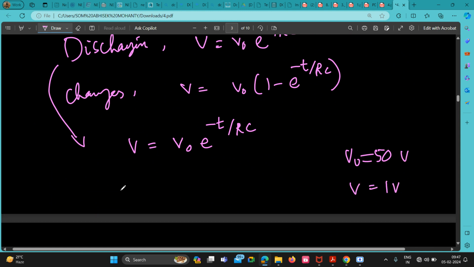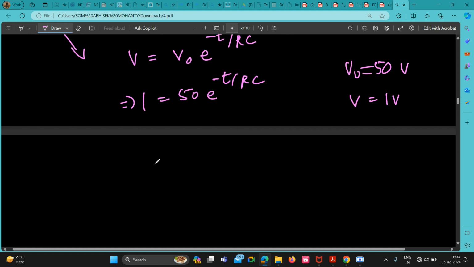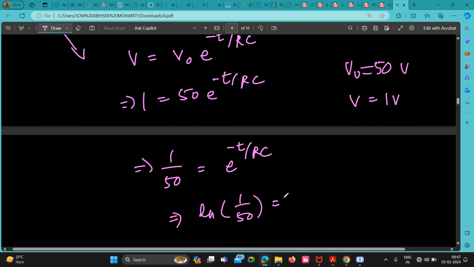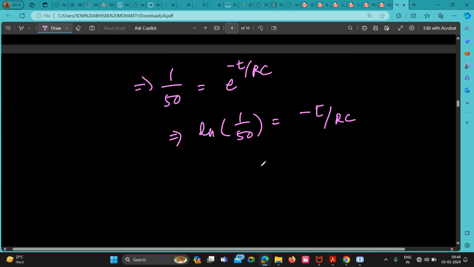So 1 is equal to 50 e to the power minus t by RC, so 1 by 50 is equal to e to the power minus t by RC. ln 1 by 50 is equal to minus t by RC, so t by RC is equal to ln 50.